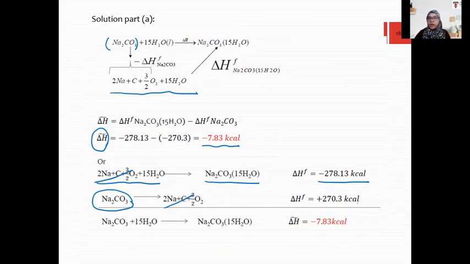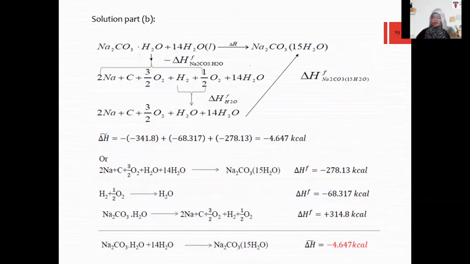So the given value, if we have 2 sodium plus carbon plus 3/2 O2 oxygen, equals minus 270.3. But since we need to cancel this element, instead of having negative, we have the value positive. So adding the first reaction to the second reaction, we can obtain the heat of solution.